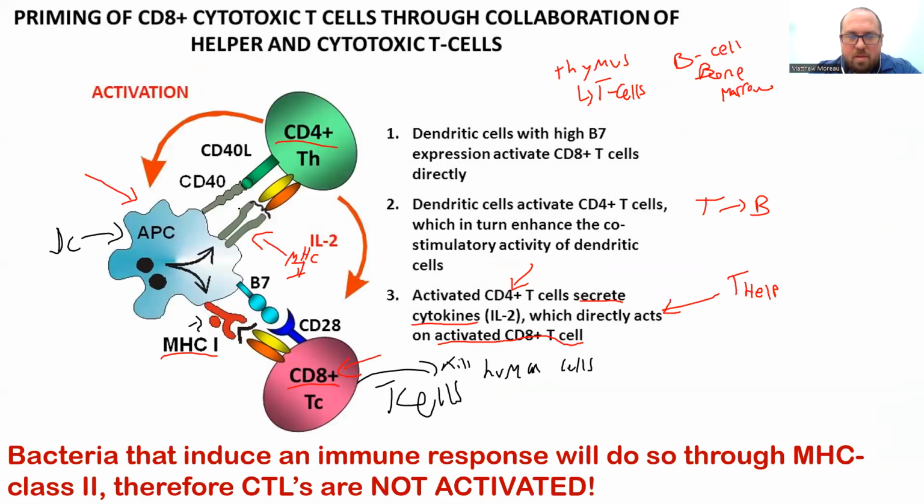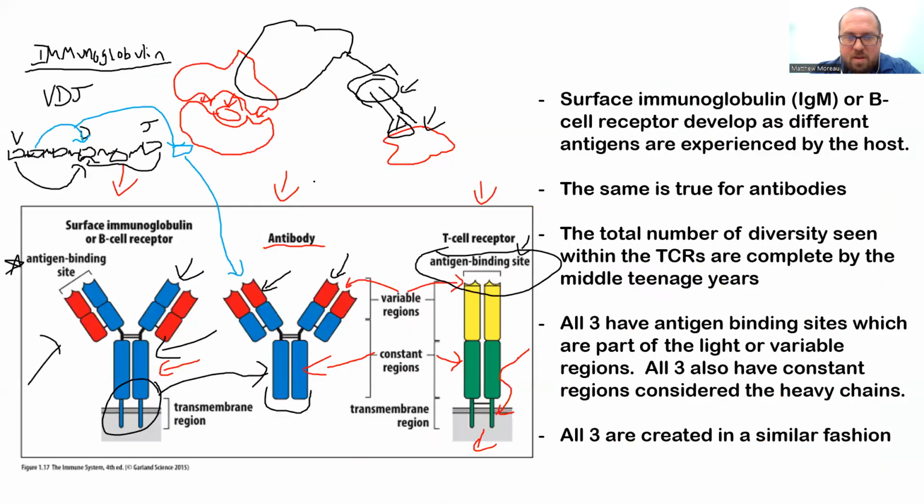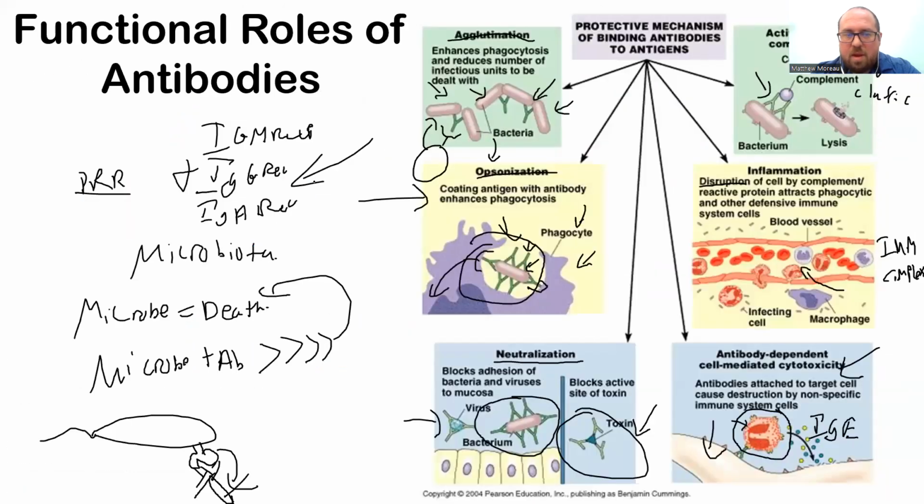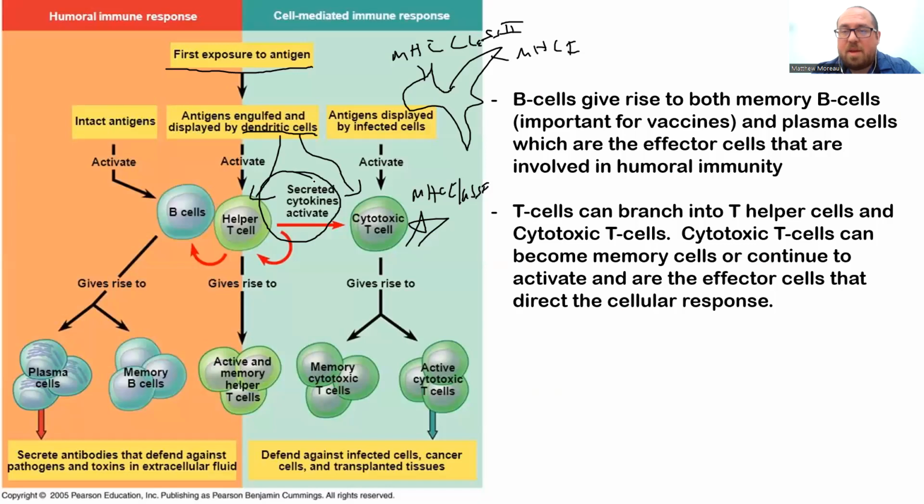So again, they're expressing class 2 here, class 1 here, and they're activating both CD4 positive and CD8 positive T cells, but again, with a CD to MHC specific activation complex.